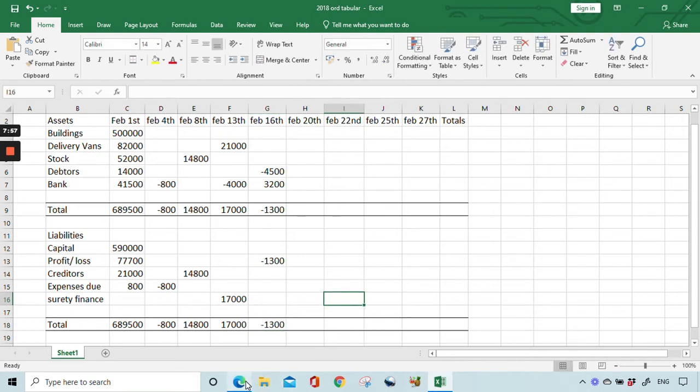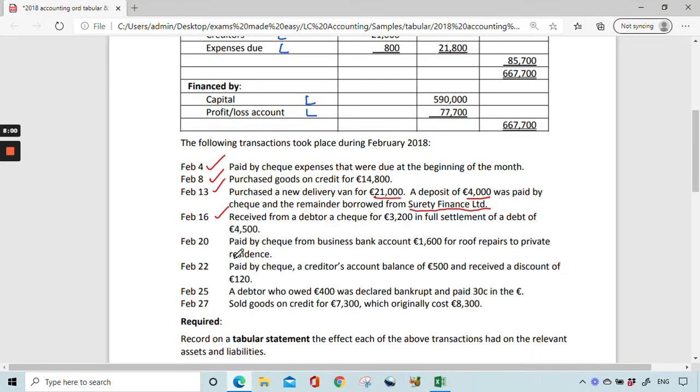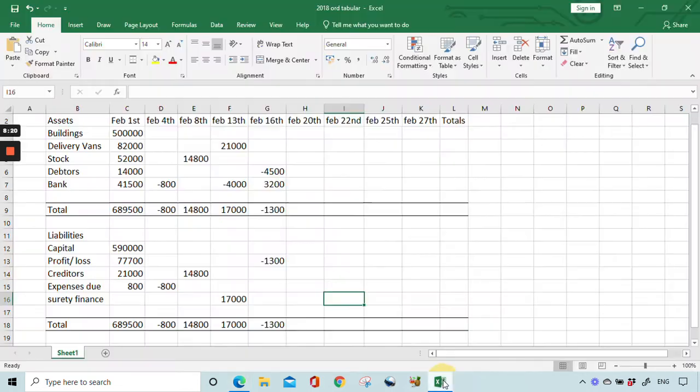That's that one. Next one, you paid by cheque from business bank account 1,600 for roof repairs to private residence. In accounting, whenever we see the word private, that is going to be drawings. And drawings are a liability in this example. So paid by cheque 1,600.